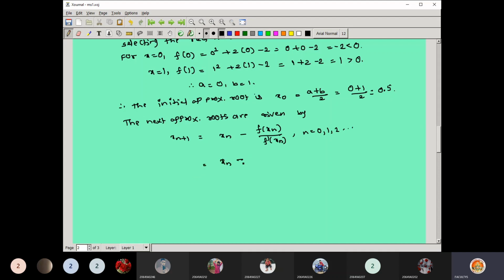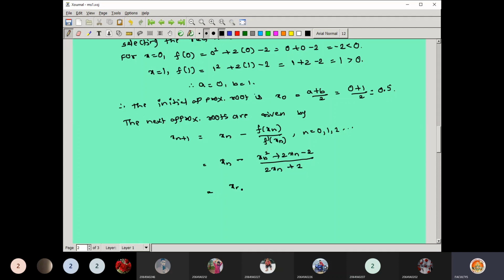It is x n minus f of x n, which means you write down the same given expression with x replaced by x n, so x n square plus 2 x n minus 2. Total it is divided by the derivative. The derivative of x square is 2x, so 2 x n, plus the derivative of 2x is only 2 and the remaining constant is 0.